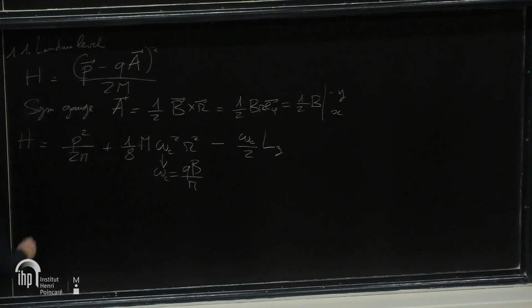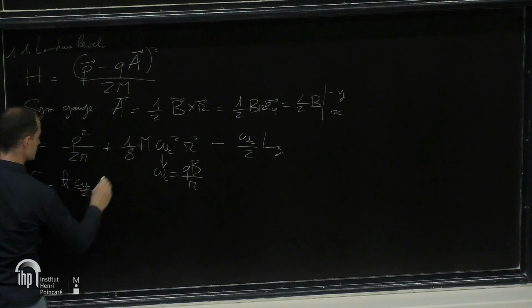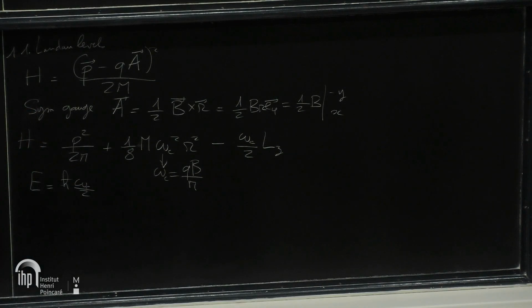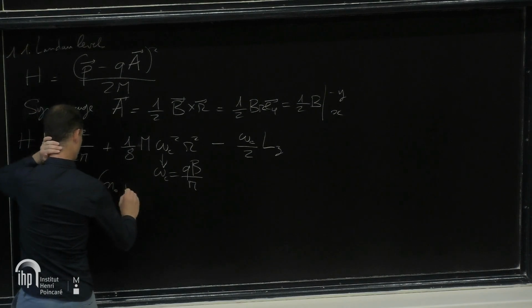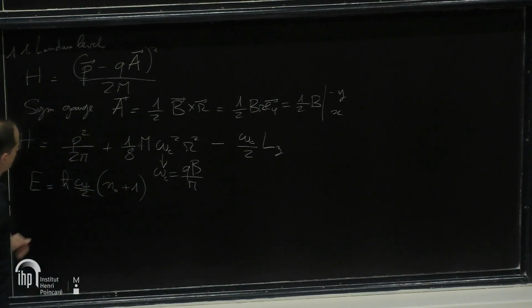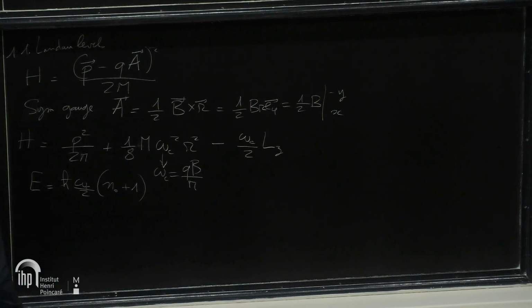So the harmonic potential, its spectrum is simply given by h bar omega c over 2, because the trapping frequency is omega c over 2 for this potential, times n0 plus 1. And those levels are degenerate, and they can be indexed by the projection of the angular momentum.